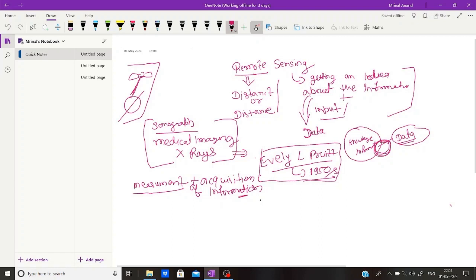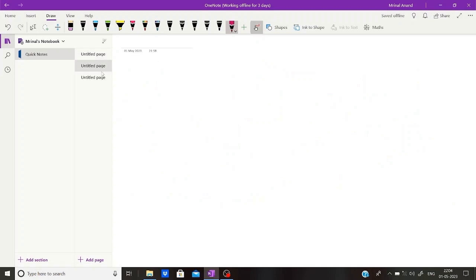So it is not mandatory to always remember the presence of a satellite while studying the concept of remote sensing. So let us understand the definition of remote sensing.